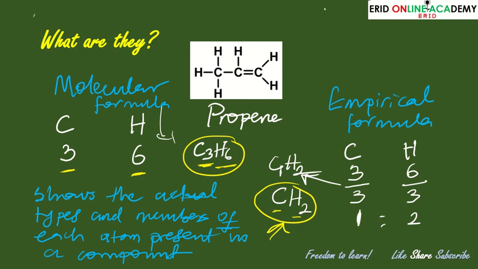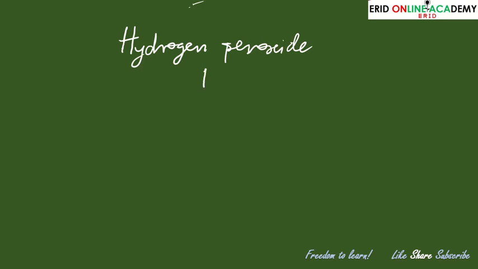So let's look at one more example. Now let's look at a compound called hydrogen peroxide. That's the compound present in your mouthwash. Hydrogen peroxide has the formula H2O2.